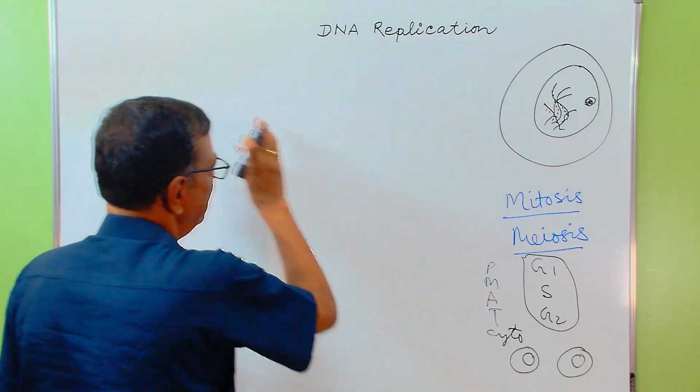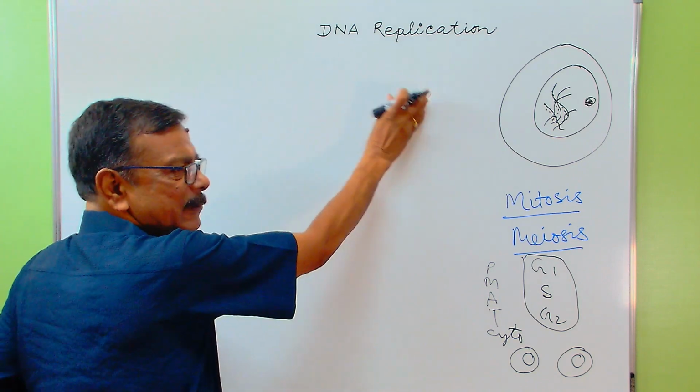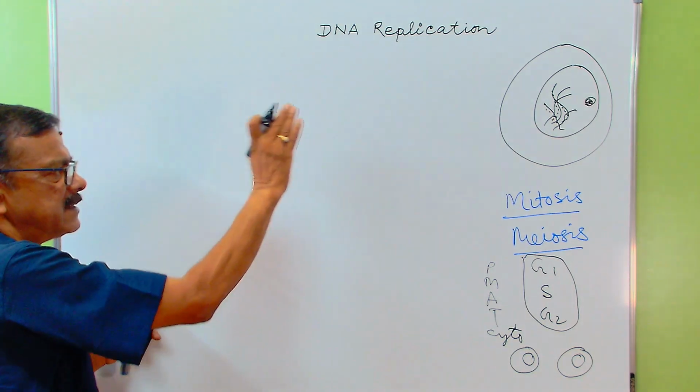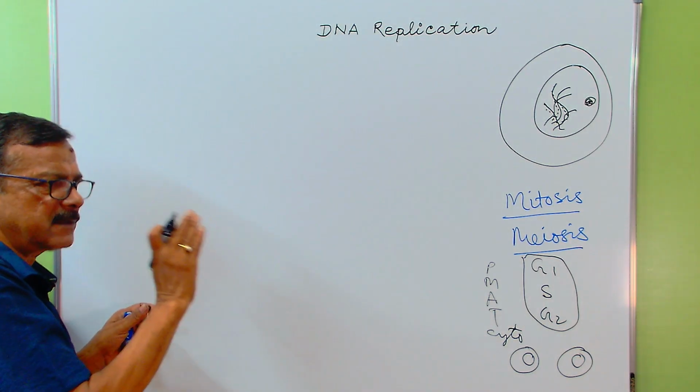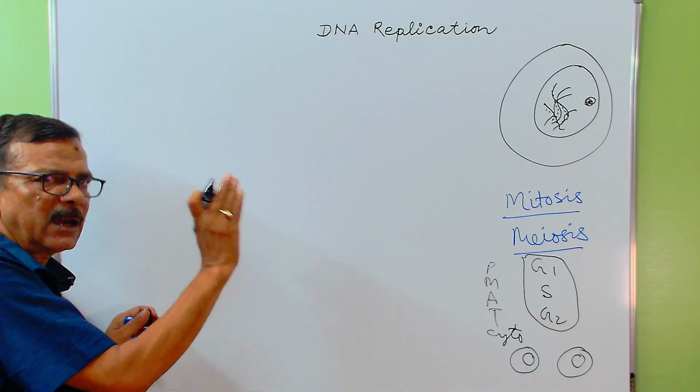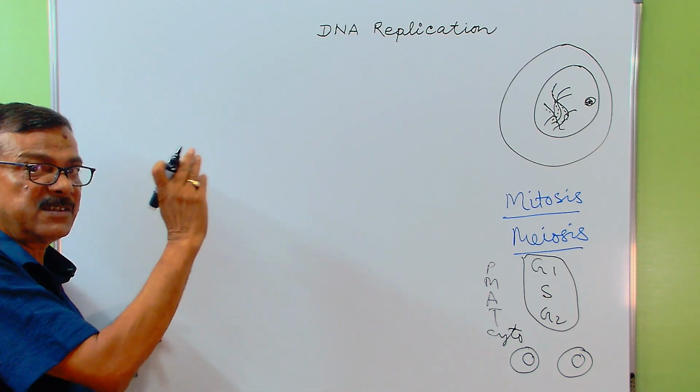Why does mitosis occur? DNA replication is a process by which the cell makes identical copies of its DNA.